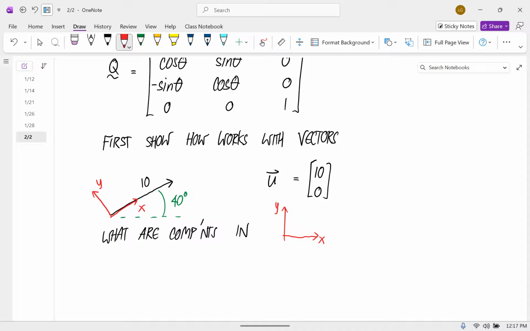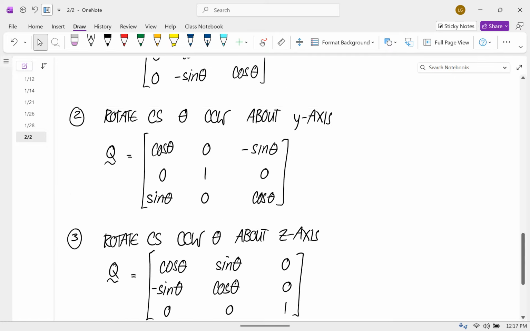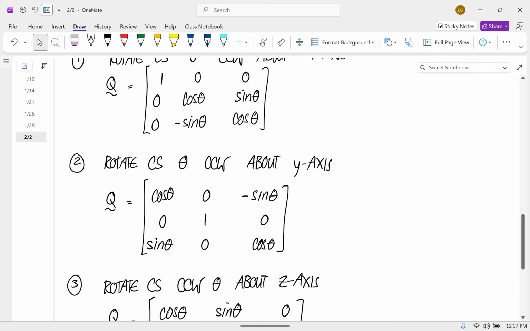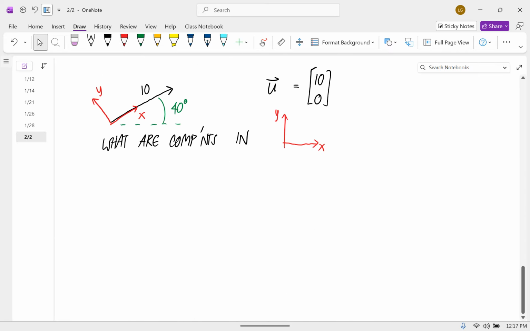For the y, it's going to be 10 times the sine of 40. And so it'll give us 7.66, 6.43. That's the example I did up here. Let's see that come out using the rotation matrix.